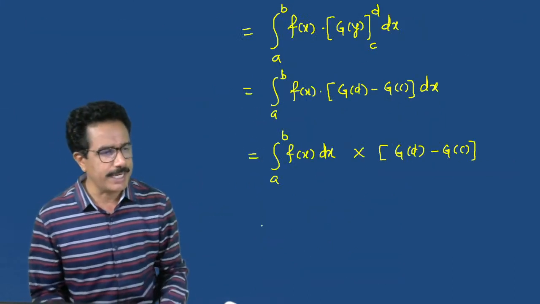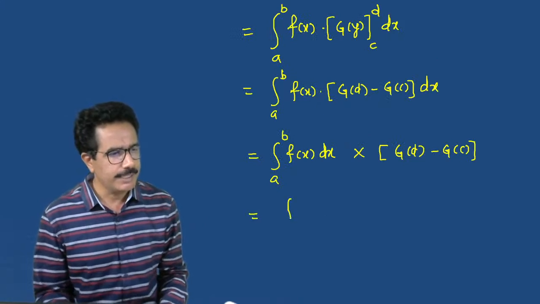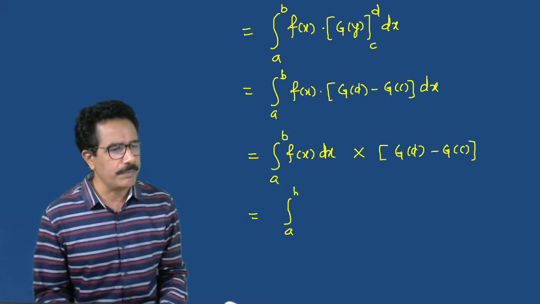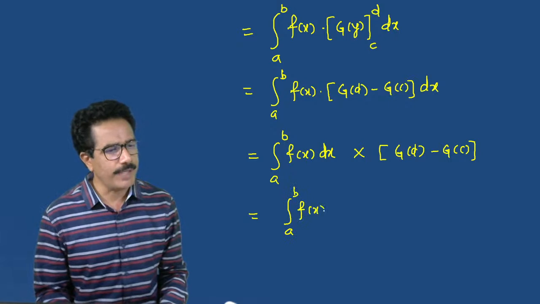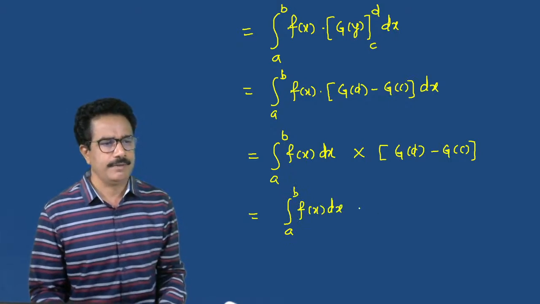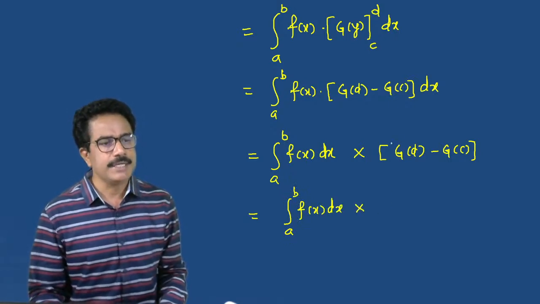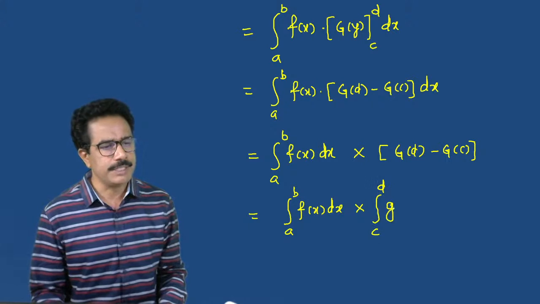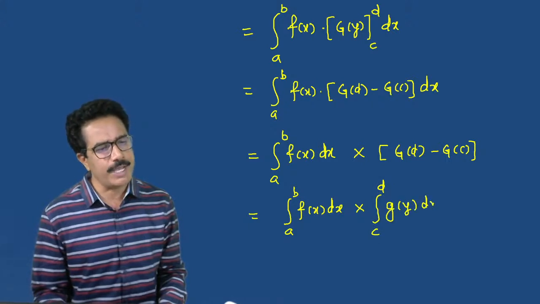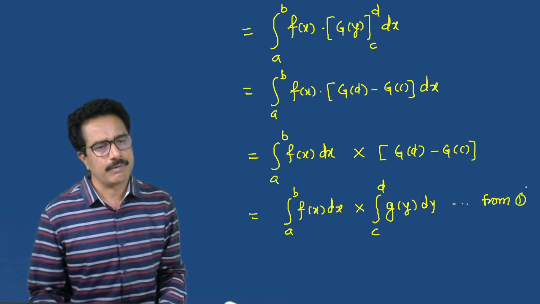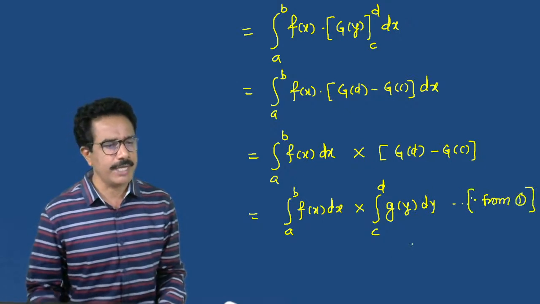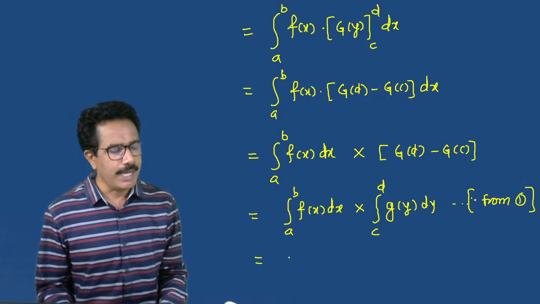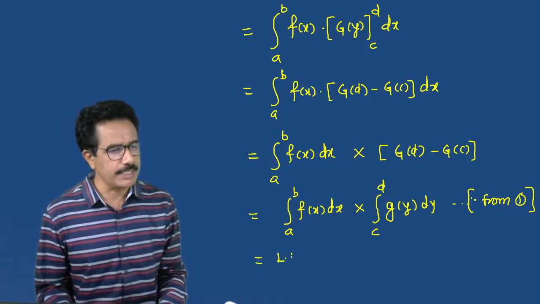So we can write this as the integral from a to b of f of x dx into the integral from c to d of g of y dy. This is the RHS, which equals the LHS.